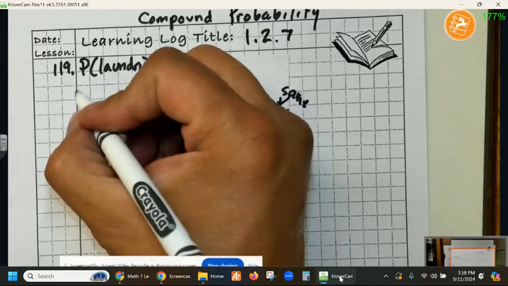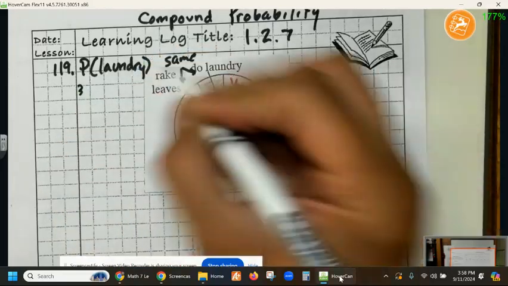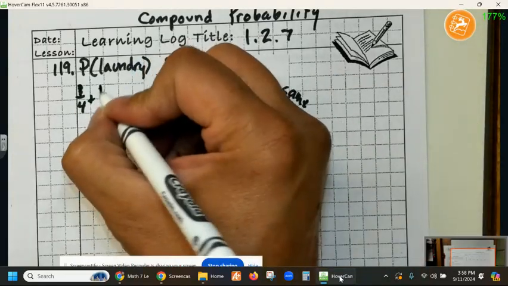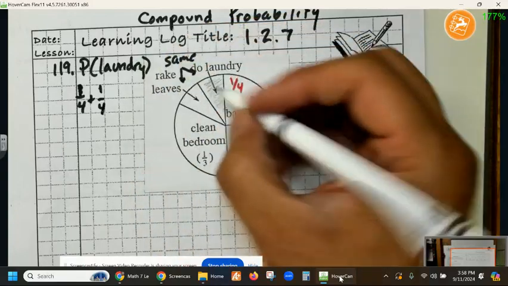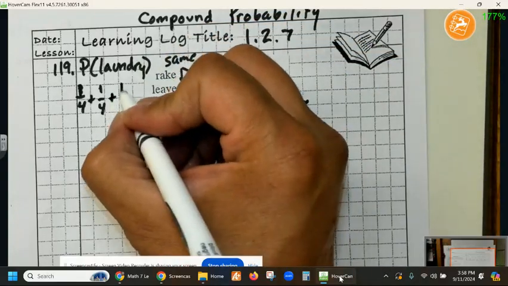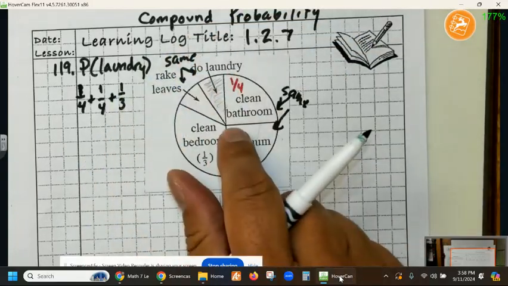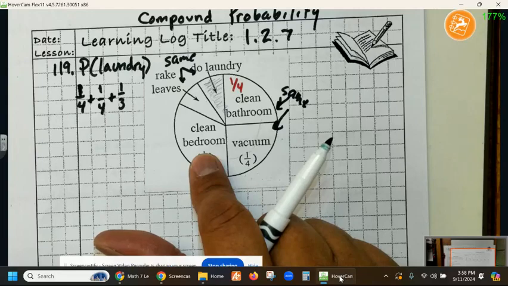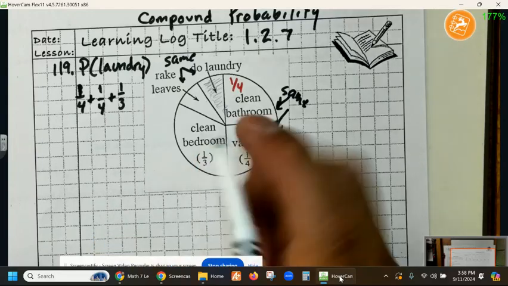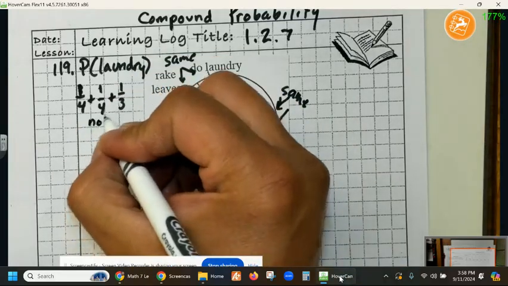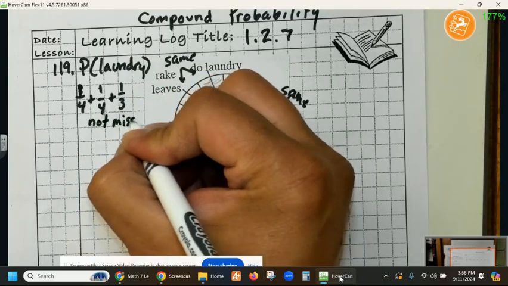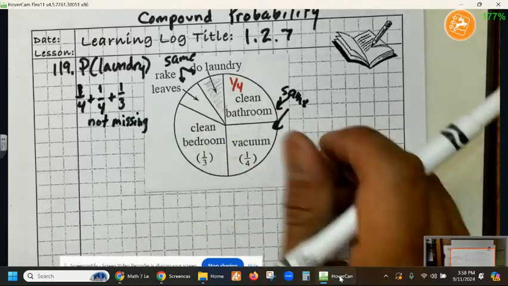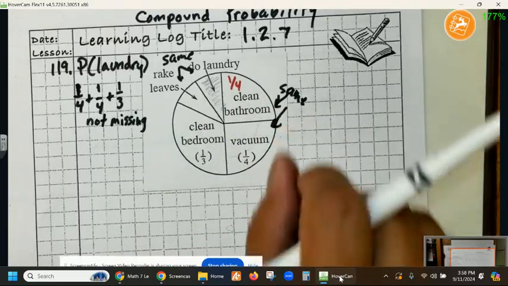So that is 1/4 plus 1/4 plus 1/3, and that will tell us the probability of bathroom plus vacuum plus the bedroom. And this is going to be what's not missing. Okay, we do know these 3.